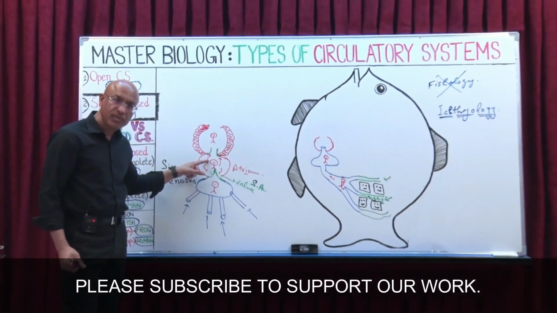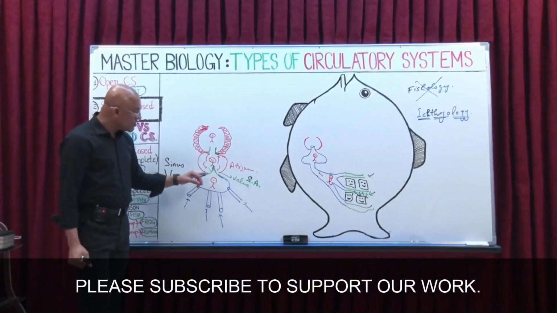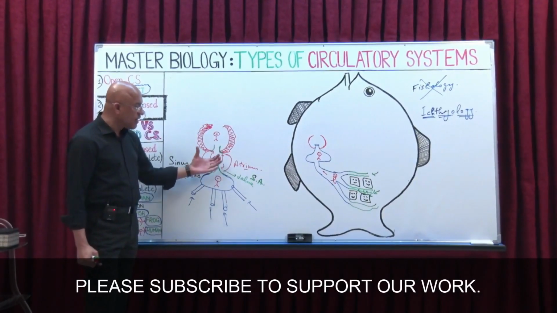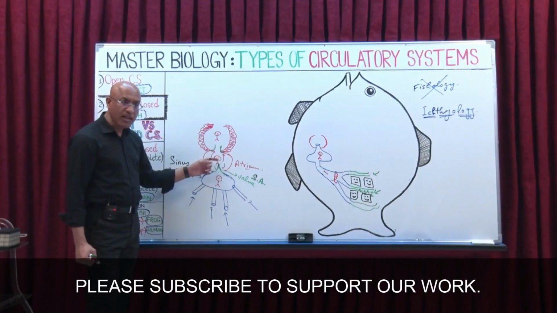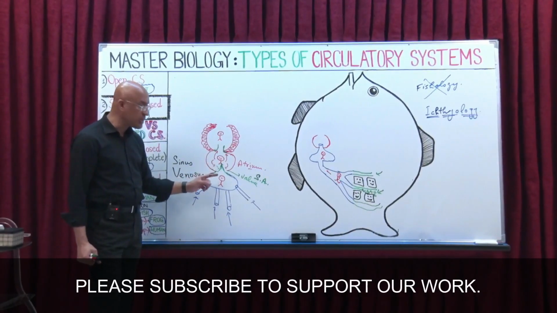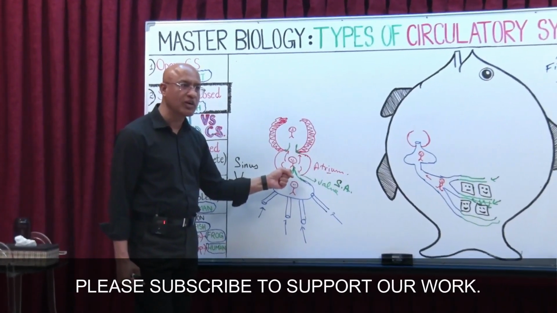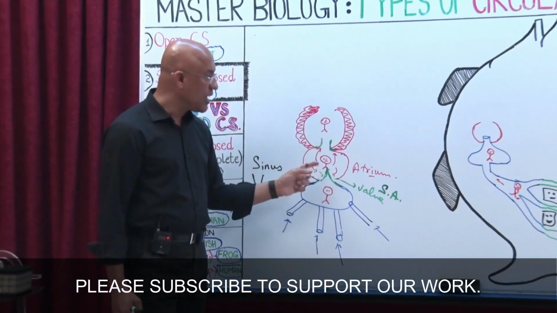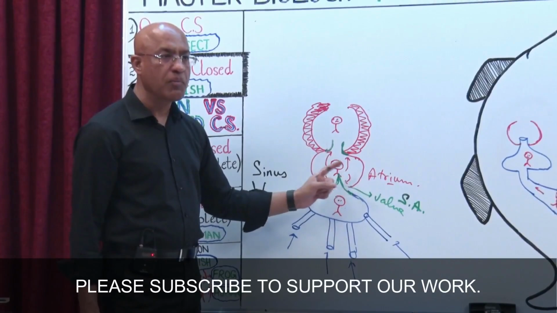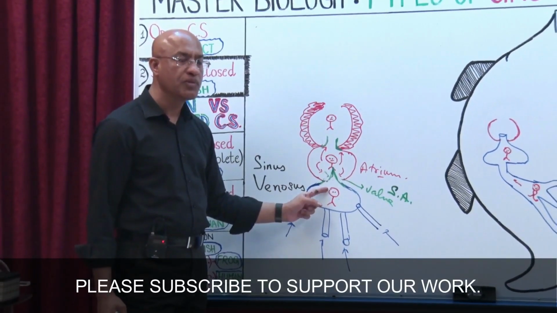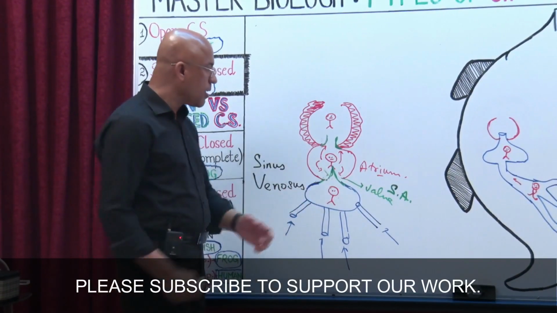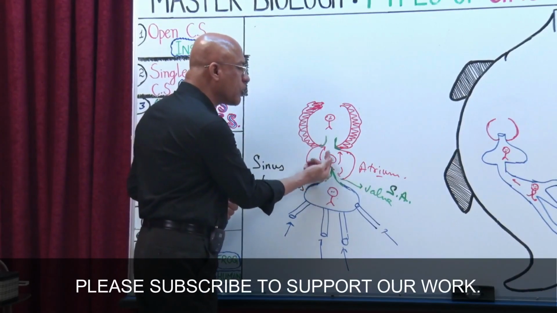Is that right? So in the sinoatrial valve, whenever atrium contracts, if blood tries to go back, there is pressure on the side of the flaps of the sinoatrial valve and it shuts close. So during contraction of atrium, blood is not allowed to go back to sinus venosus. But because pressure is increasing, it will move forward.